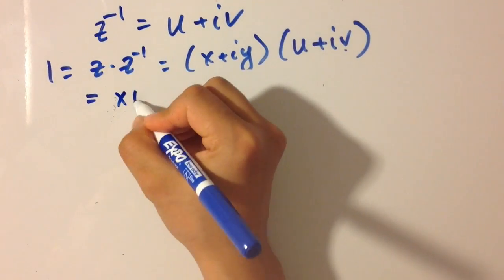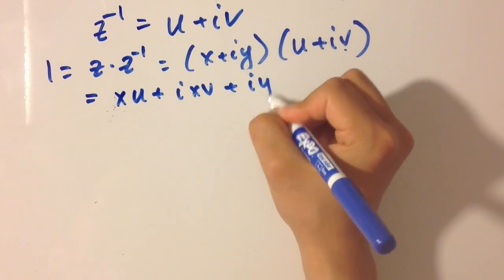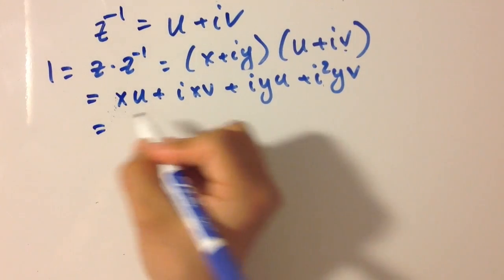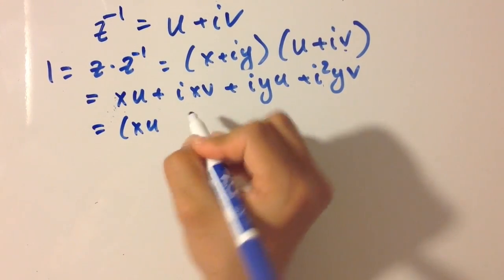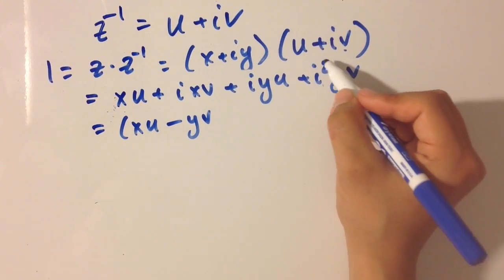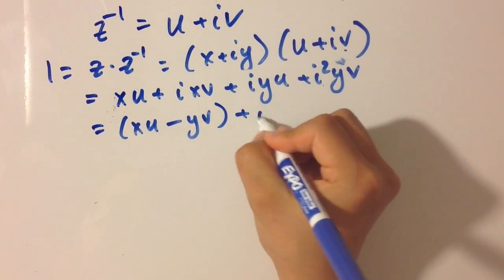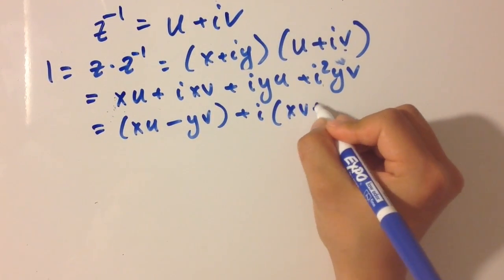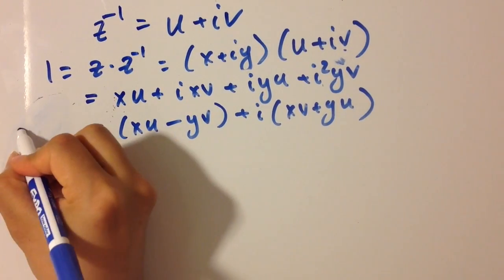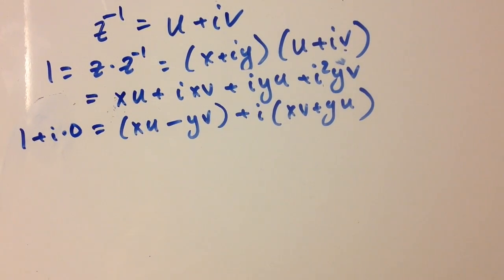So we get xu plus ixv plus iyu plus i squared yv. This is equivalent to xu minus yv, since i squared translates to minus 1, plus i times (xv plus yu). And this is all equal to 1 plus i times 0.